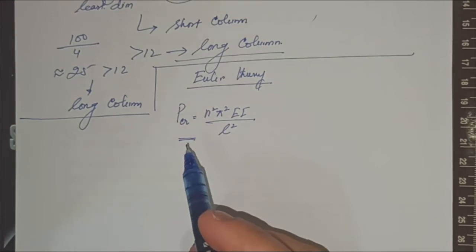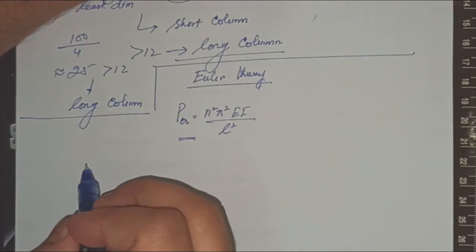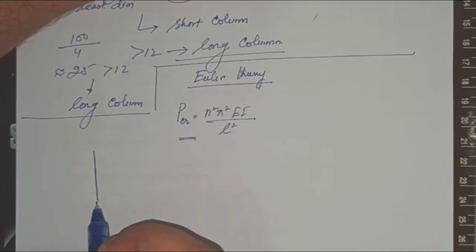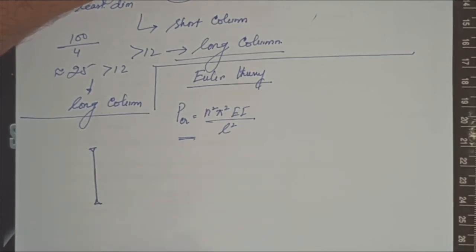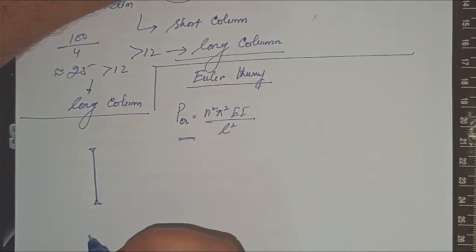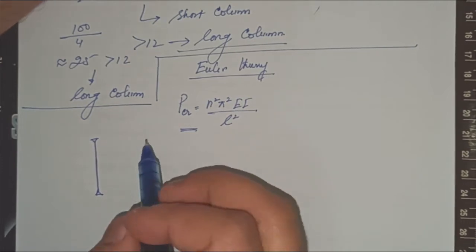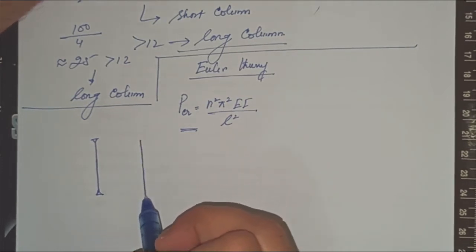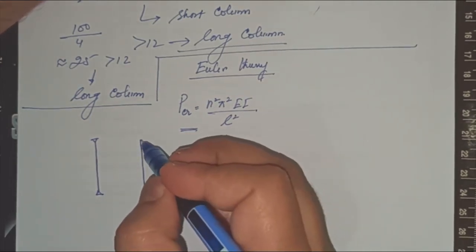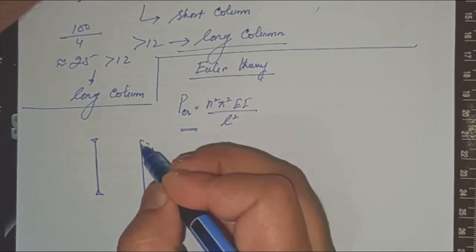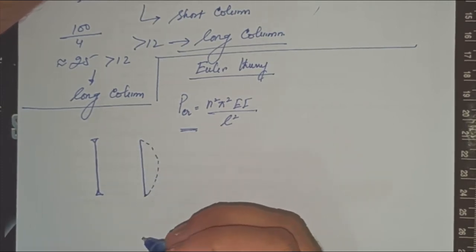Now take a beam, a column basically, which is fixed in this fashion, and I'm going to represent the column by a simple line. This simple line, when it gets a particular critical load, deforms in this fashion.